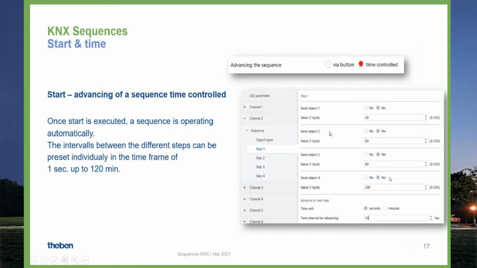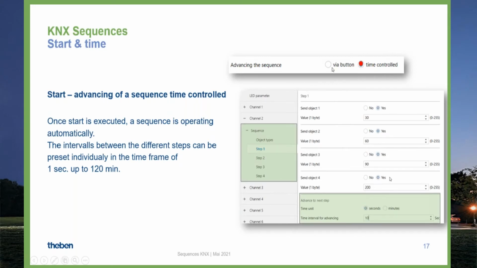And further on, you can address step 2, step 3, step 4 individually. On the bottom line, you define finally the time frame in these different steps. If time controlled, then it pops up.